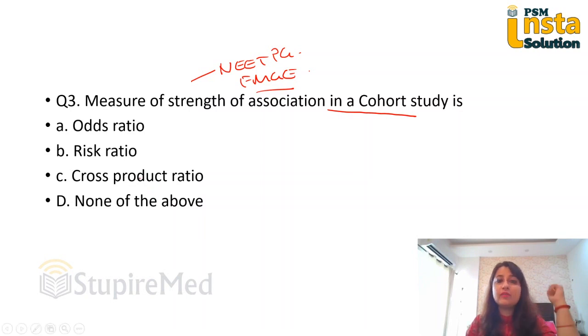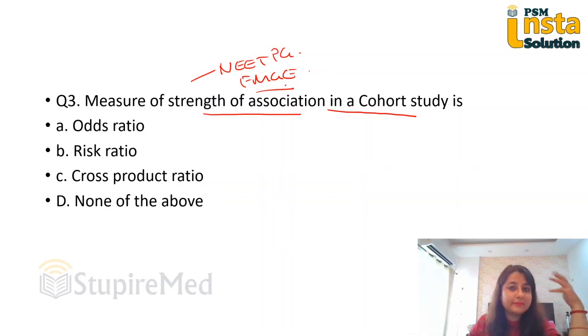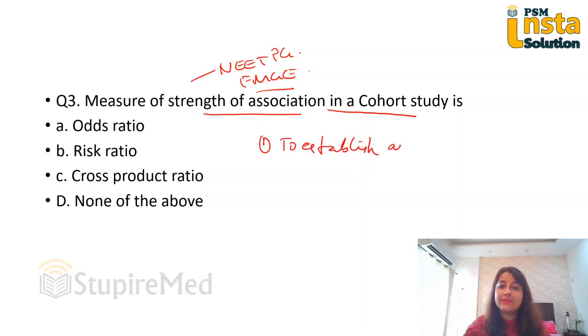Now, in the previous questions, we have discussed the design of a cohort study. Why are we doing these study designs? We are conducting these study designs for two things. One is to establish an association, and the other is to establish causality.